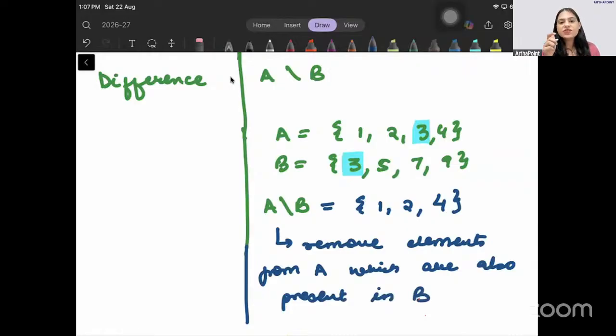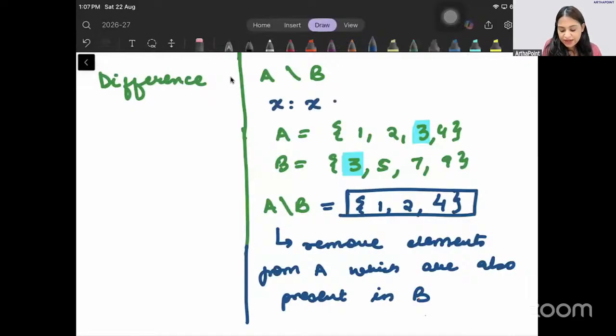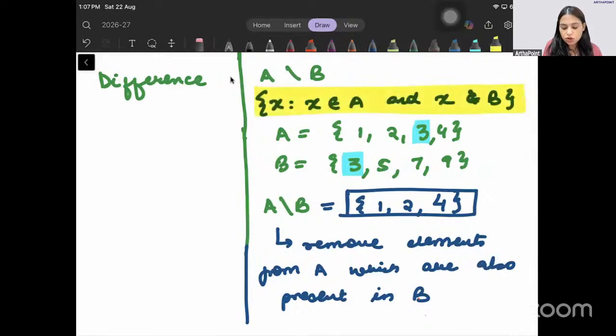We will keep in the answer only those elements which are unique to A. That means {X such that X belongs to A and X does not belong to B}. X should be in A but should not be in B, right? And not be common, right?